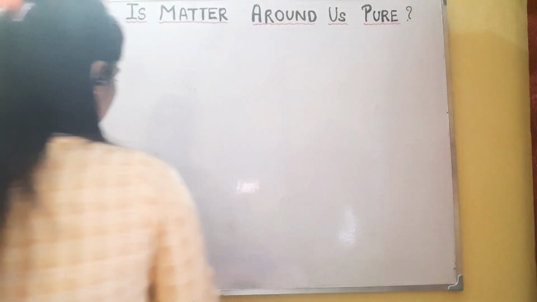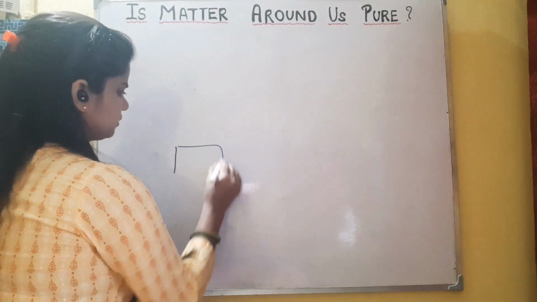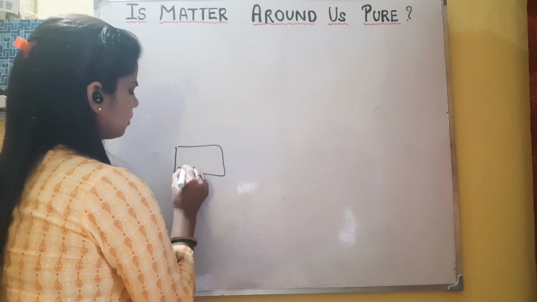If you still haven't watched it, then please go and watch my first chapter of the same class. In that chapter we learned that all matter is made up of small particles.